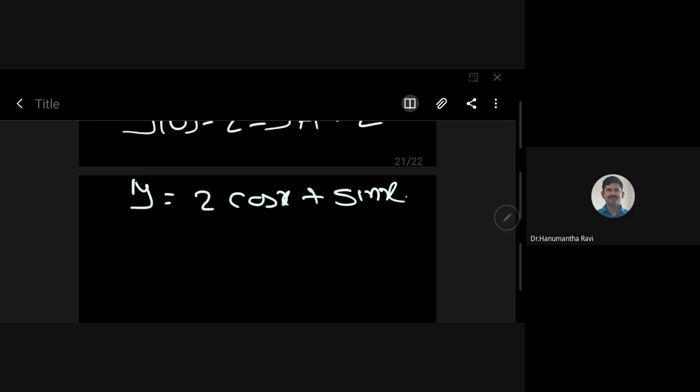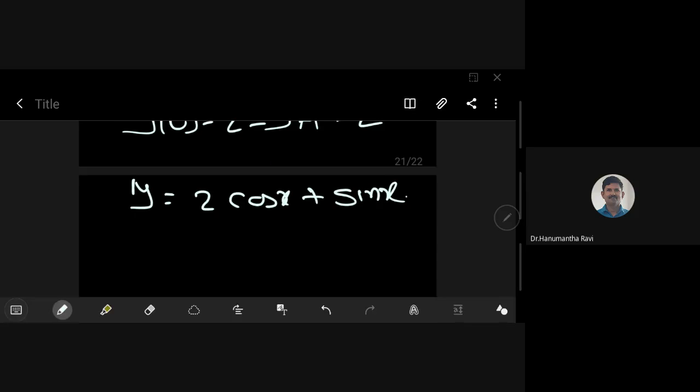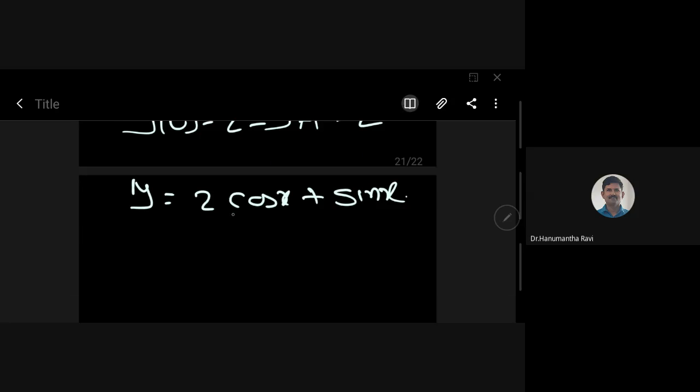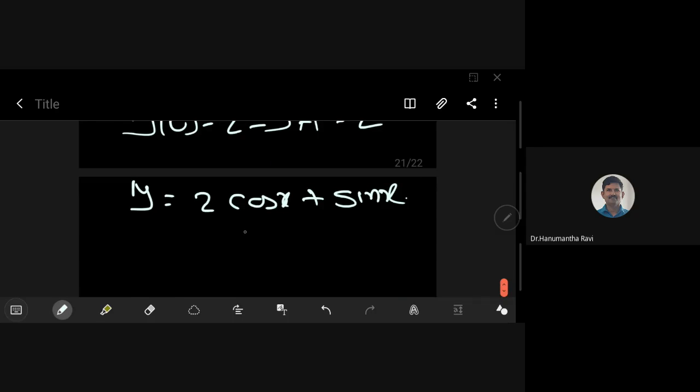See, cos x will take maximum 1, sin x will take maximum 1, but they both cannot attain the same x.